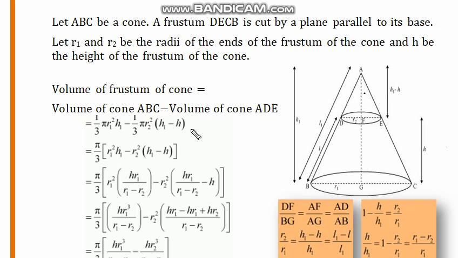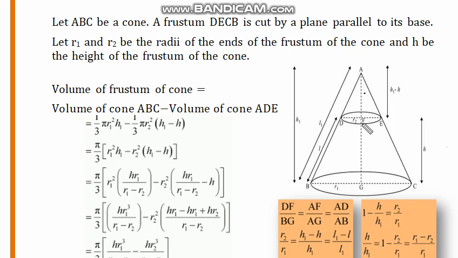Actually, here we require the height H1, the total height of the cone. So first we need to find out the total height of this cone, H1. Why are we finding that H1 height?